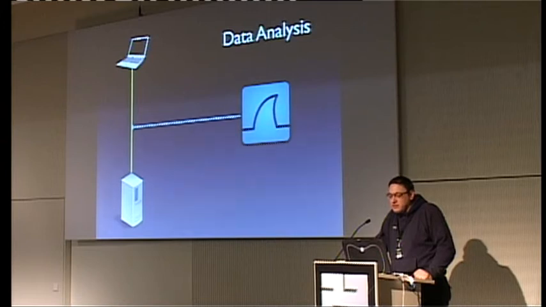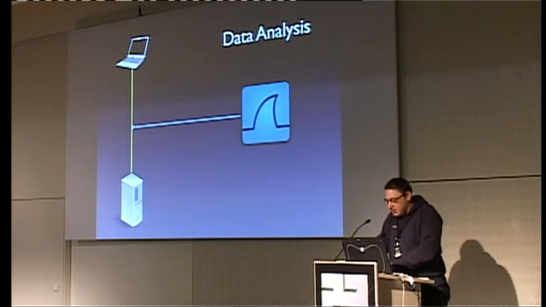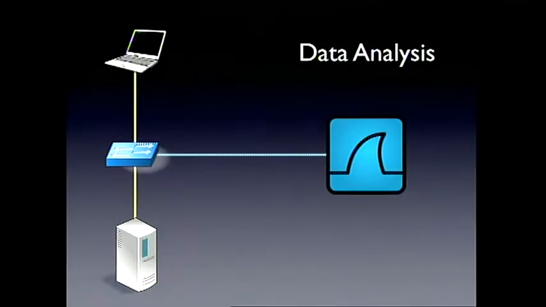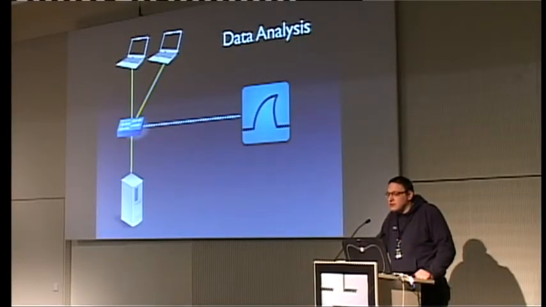So in this case, you can use a splitter, or you can also use a switch with a SPAN port. The advantage of a SPAN port is that you can also connect a second client and see all the traffic to the server. This is quite easy. It's a quick setup.